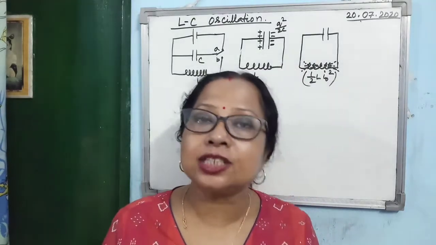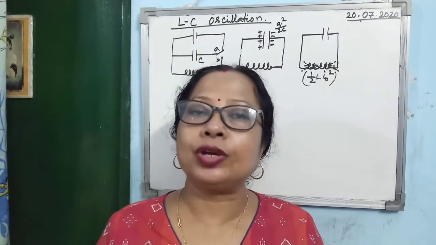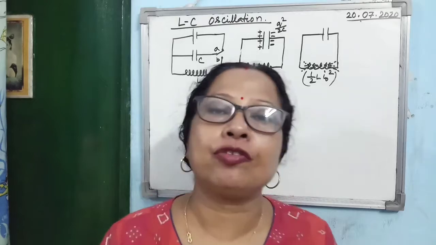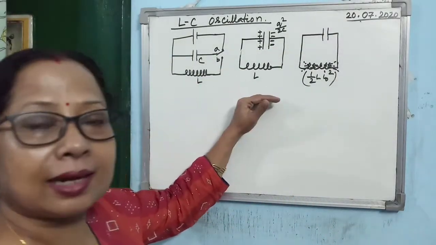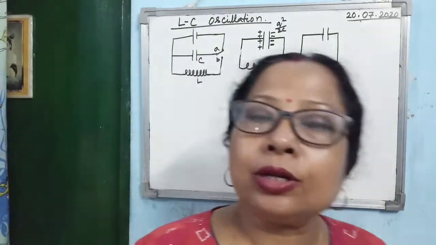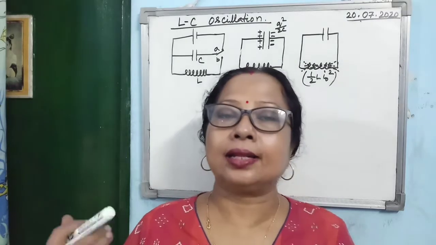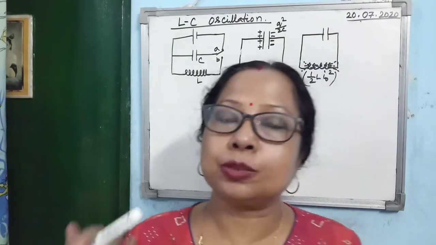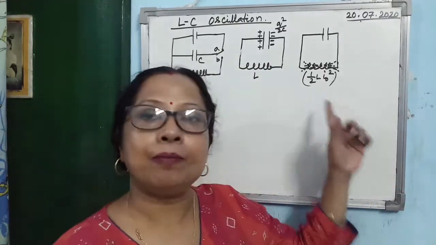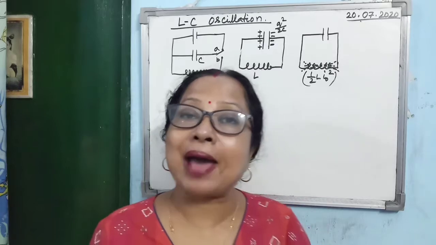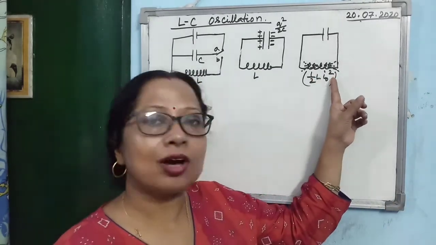The capacitor is losing its charges, losing its energy, and the electric field within its plates is decreasing. And what is happening to the inductor? A magnetic field will develop, current will grow through the inductor and attain its peak value I naught, and at that time the inductor will gain the maximum energy, half L I naught square.